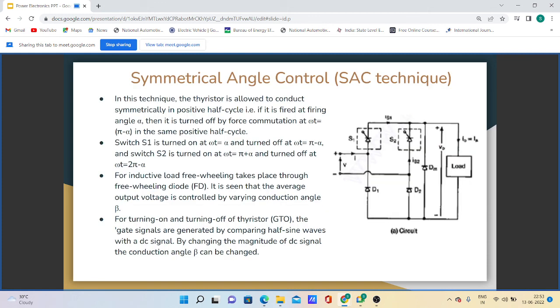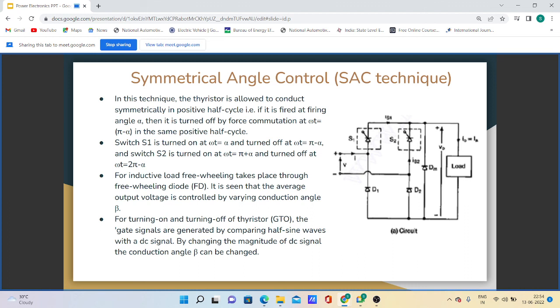Now we will see the symmetrical angle control technique. In this technique, the thyristor is allowed to conduct symmetrically in positive half cycle, that is, if it is fired at firing angle alpha, then by force commutation it is turned off at omega t is equal to pi minus alpha in the same positive half cycle.